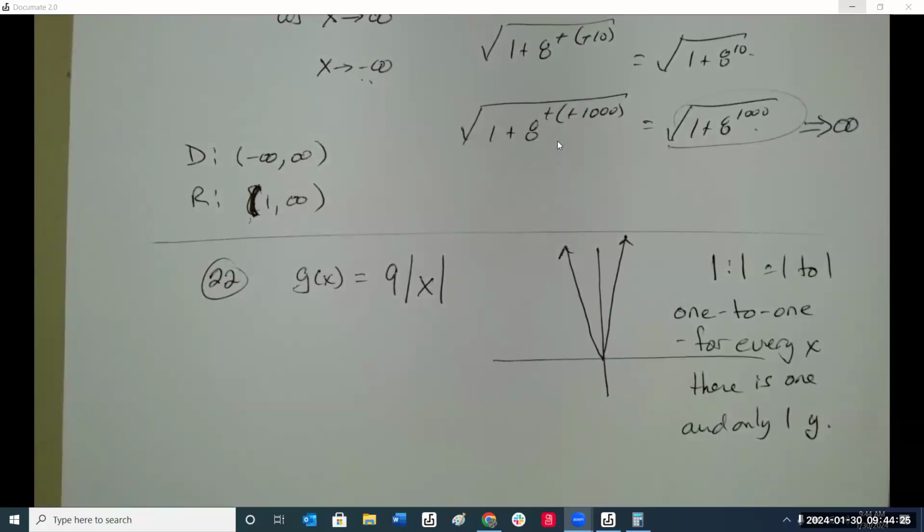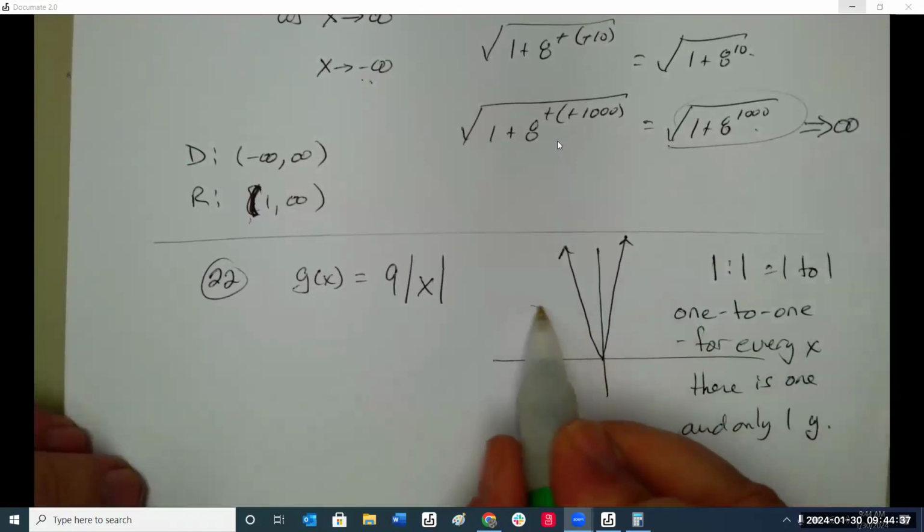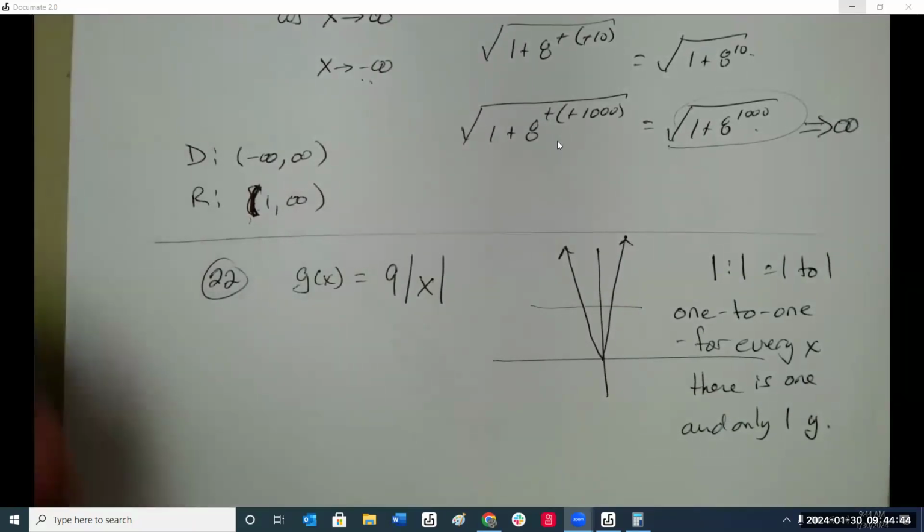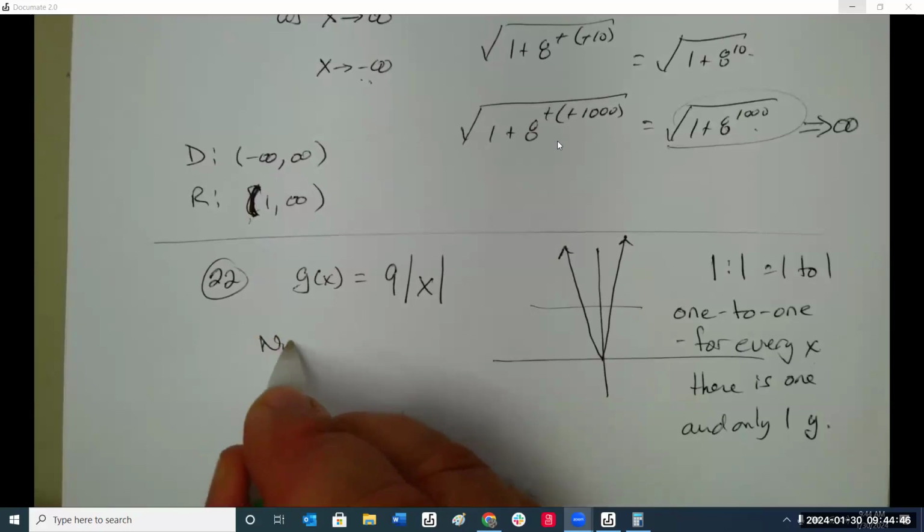What test do we have for one-to-oneness? Not the vertical line. Horizontal line. Is it 1-to-1? No. For every one x, there's one y. For every one y, there's one x. That's 1-to-1. So no.